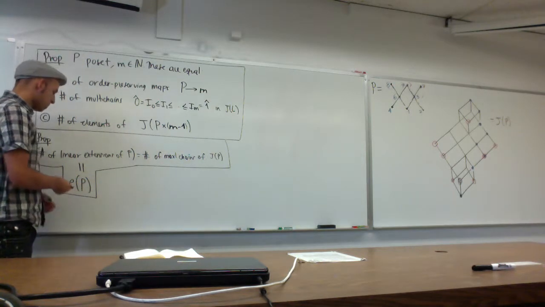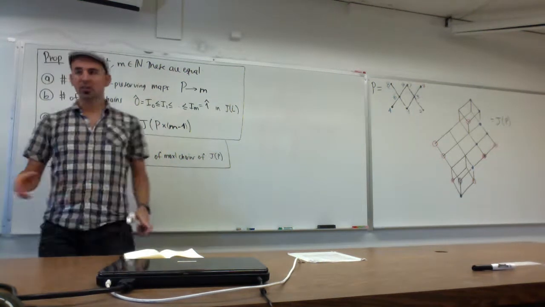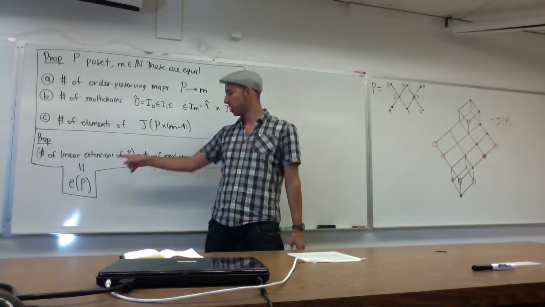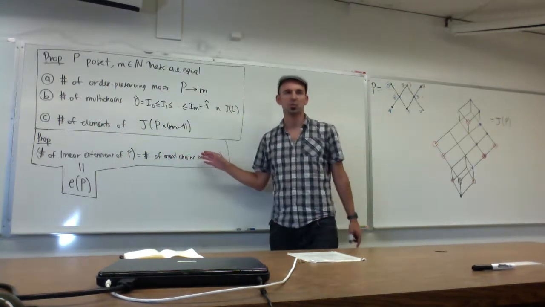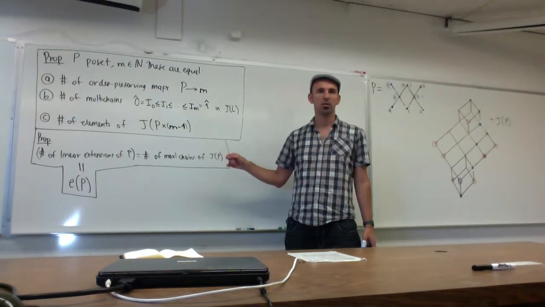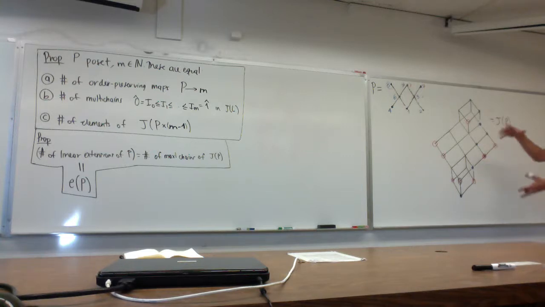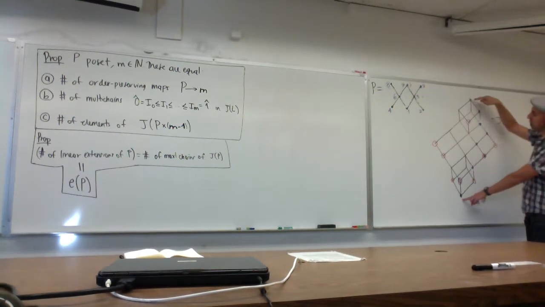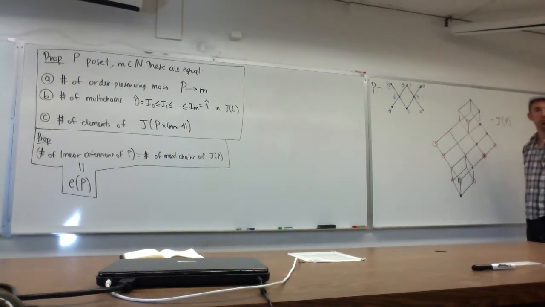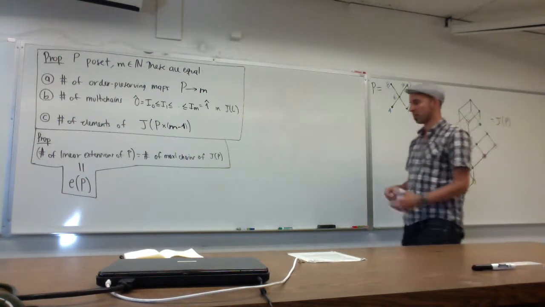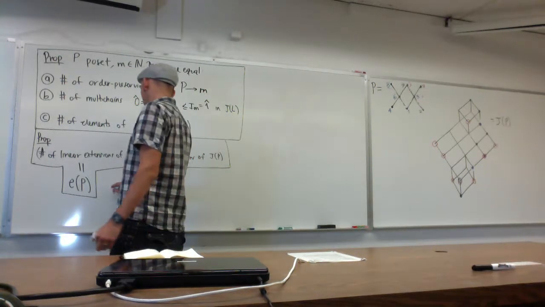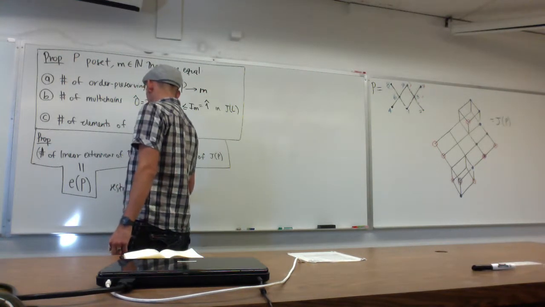So if you want to count linear extensions of your poset, then you can do it here, or you can do it here and count maximal chains in J of P. Okay? And because J of P we saw is embedded in a lattice, right? Then we're really basically counting lattice paths in this grid, right? From the bottom of the grid to the top of the grid, we're just counting lattice paths through there. So this is kind of like some restricted lattice path enumeration.